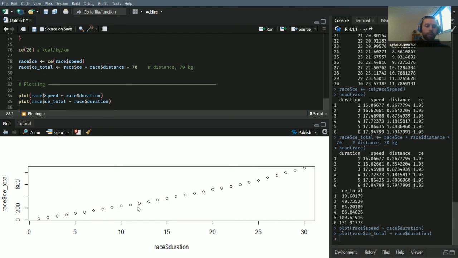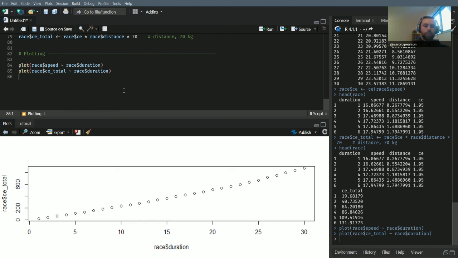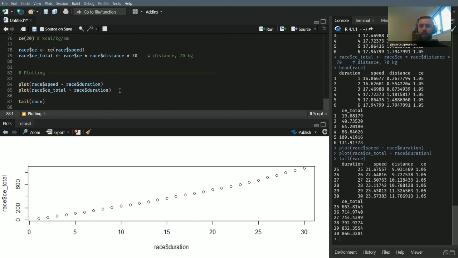And we'll see here that if we wanted to figure out the total or the final amount of calories that this individual burned over approximately half an hour, we can just hit tail and then call our race. And because they're moving at a fairly good pace, they've expended approximately 866 kilocalories during the course of this race.